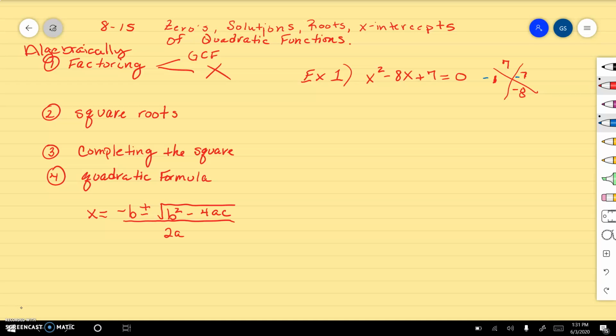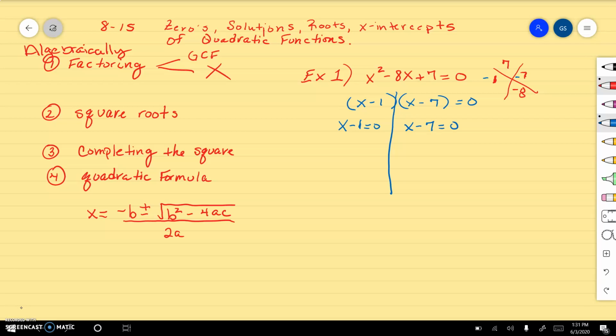Okay? All right, so what we do is we do double bubble equals 0. It's still an equation, so you have to have an equal sign. x minus 1, x minus 7. Okay, we break that into two little equations. x minus 1 equals 0. So what we're doing is we're setting each factor equal to 0.